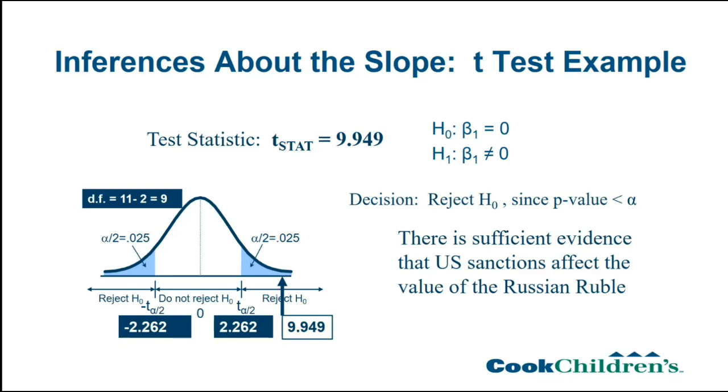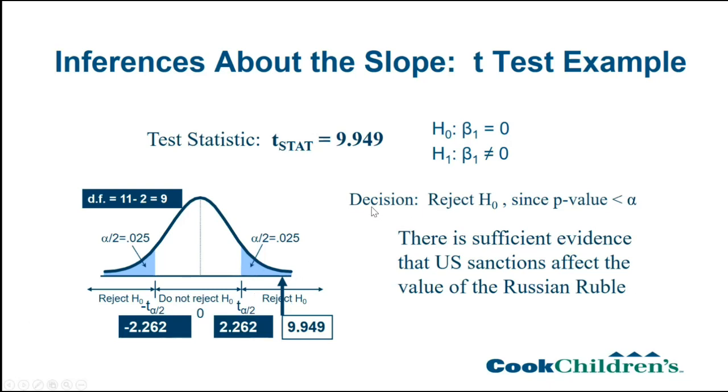And if we look more closely at the t-test itself, like we said, the t-statistic output was 9.949, and that falls outside of the range. If you look up on the t-test table, for a degree of freedom of 9, which is here, for 0.05 significance value, the t-statistic of 9.9 is way outside of this range.